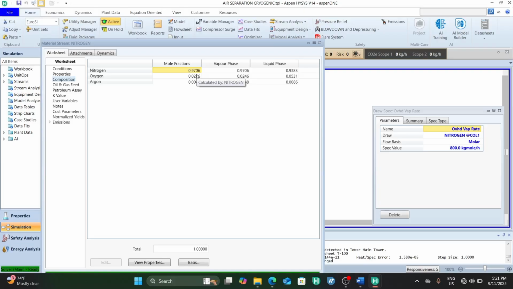That gives us 776.48. That's very close to 781. Let's put down the percentage: 776.48 over 781 multiplied by 100 gives us 99%.